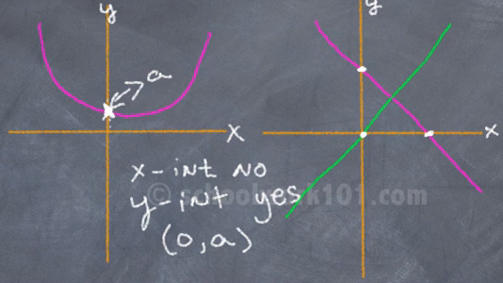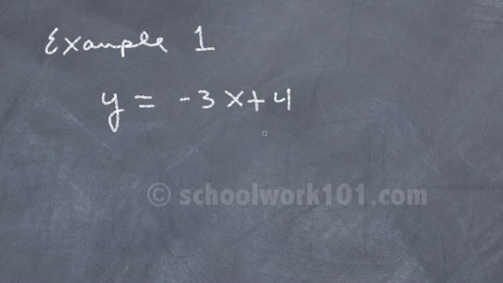Okay, let's look at some examples. So we're going to find some y-intercepts and some x-intercepts, and let's look at this one here. So I'll just call this example 1. So we're given this equation, y is equal to negative 3x plus 4. Now this is what we need to do to find the y-intercept. We'll start with that.